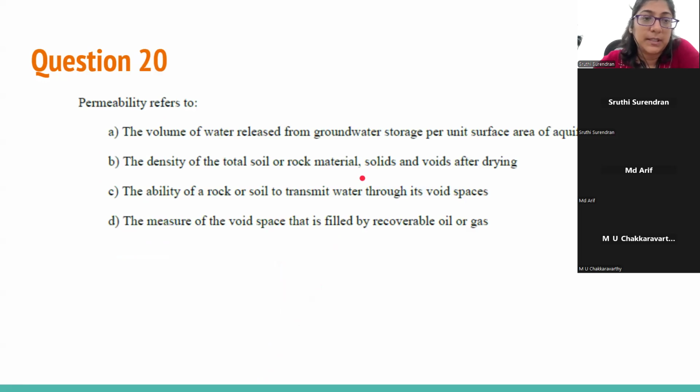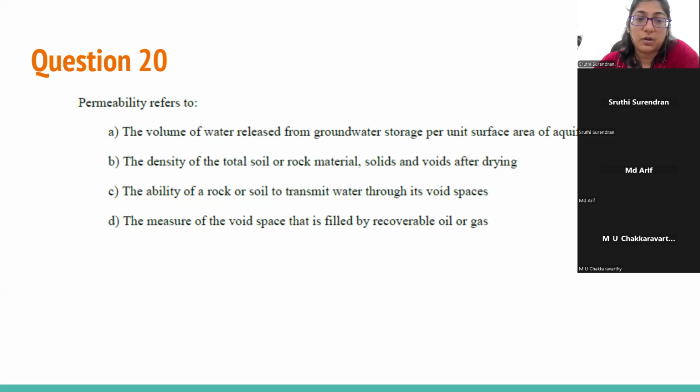Now, what does permeability refer to out of these four options? Is it the volume of water released from groundwater storage per unit surface area of aquifer? Is it the density of the total soil or rock material, solids and voids, after drying? Is it the ability of a rock or soil to transmit water through its void spaces?